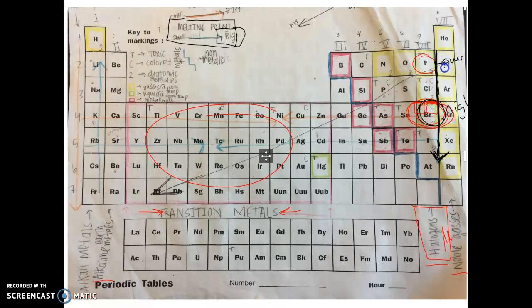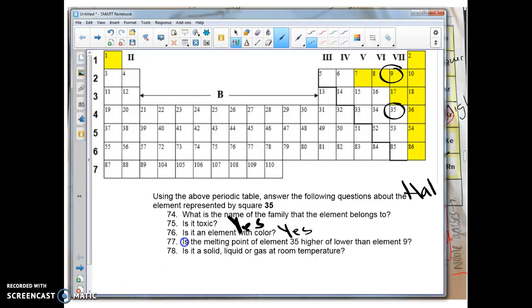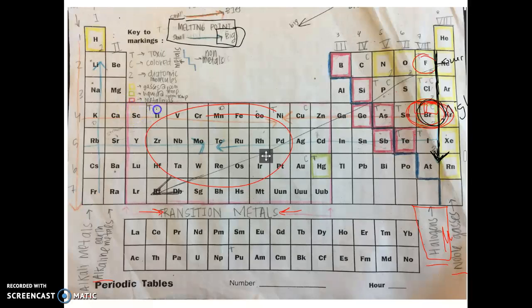I don't remember how the question was asked. So we know 35 is higher. Let's look at the question. So is the melting point of element 35 higher? All right, 35 is higher because it's lower on the periodic table. All right, is it a solid, liquid, or gas at room temperature? So we come back over here.